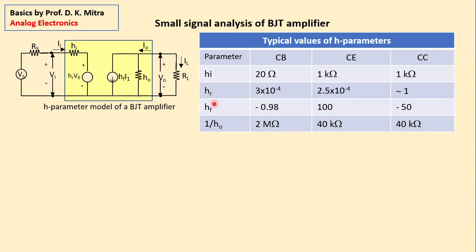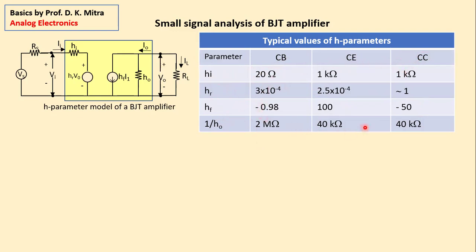These are the H parameters of common base mode, common emitter mode, and common collector mode of a typical transistor, right? HI, and this is common base mode HIB, common emitter mode HIE, common collector mode HIC.